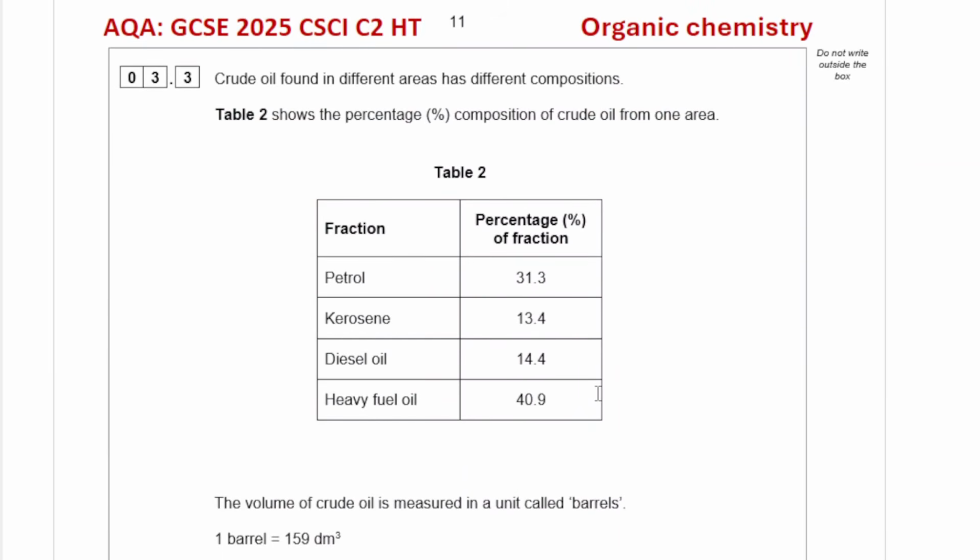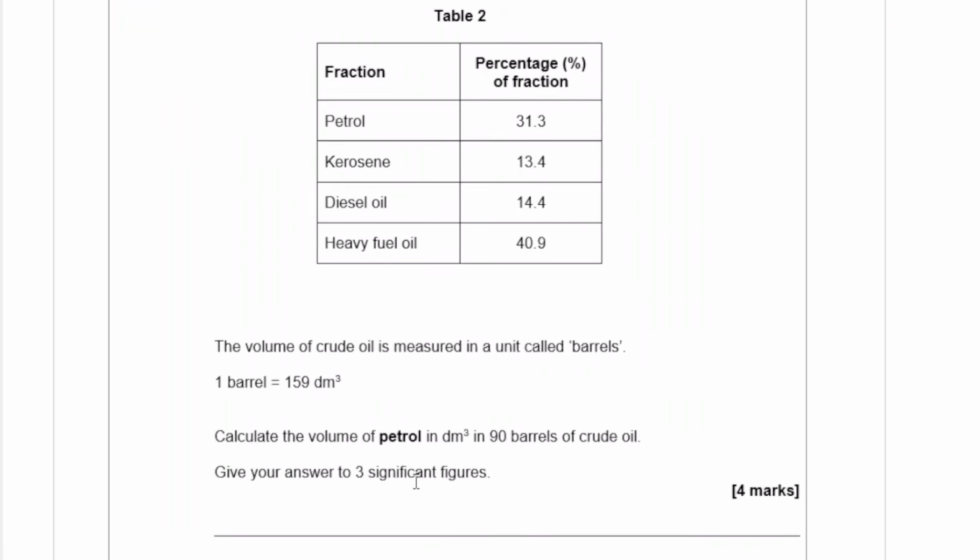3.3. Crude oil found in different areas have different compositions. Table 2 shows the percentage composition of crude oil from one area. So here you have the table showing the fractions: petrol, kerosene, diesel oil, heavy fuel oil. So petrol is 31.3, kerosene is 13.4, diesel is 14.4, and heavy fuel oil is 40.9.